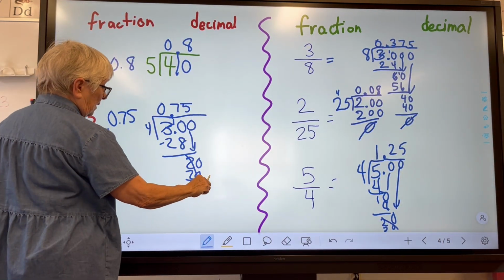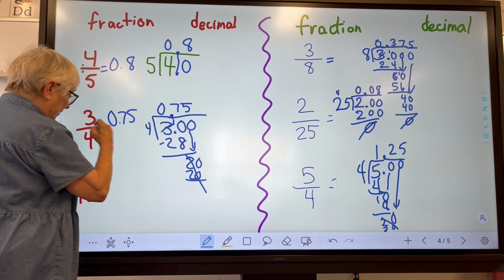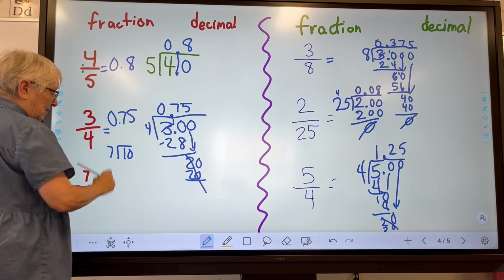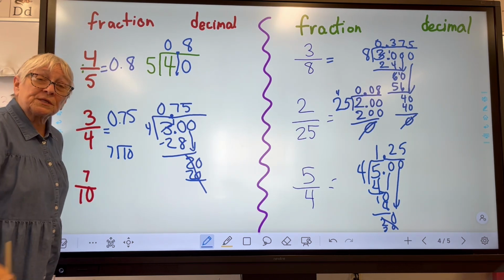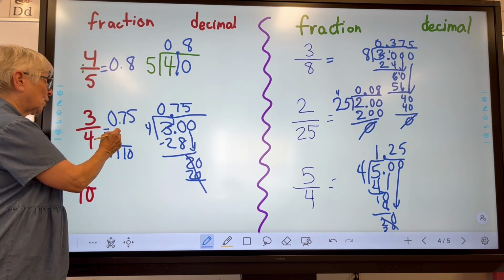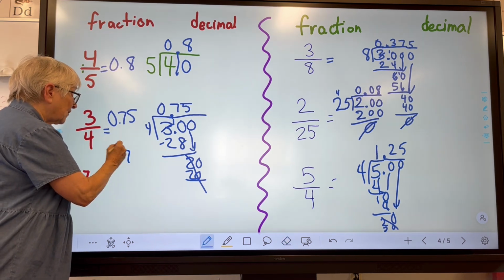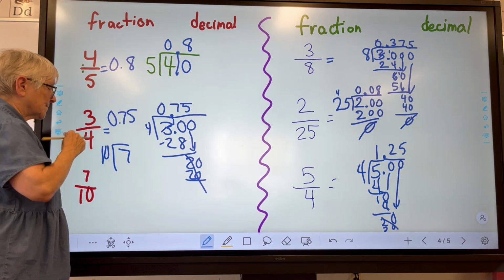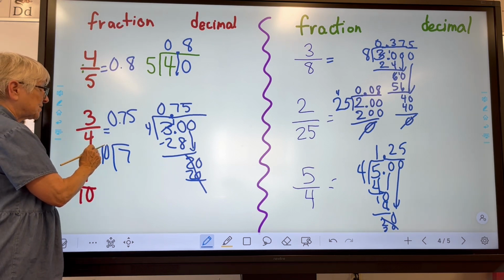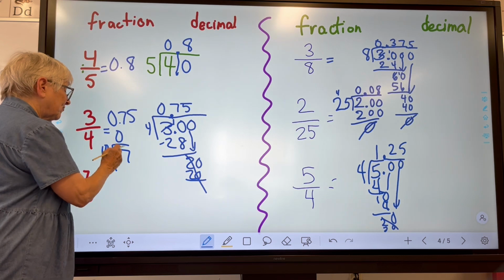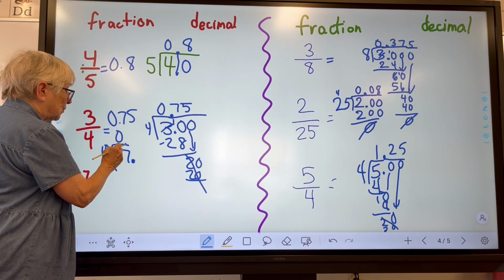Let's go over here to the 7/10. I'm going to move it up here. 10 divided by 7. Does 7 go into 10? Well, it goes in there one time. Look at that. That's not right. It's 7 divided by 10. Sorry. Does 10 go into 7? No, 10 is larger than 7, so I have to put a 0 and add the decimal.